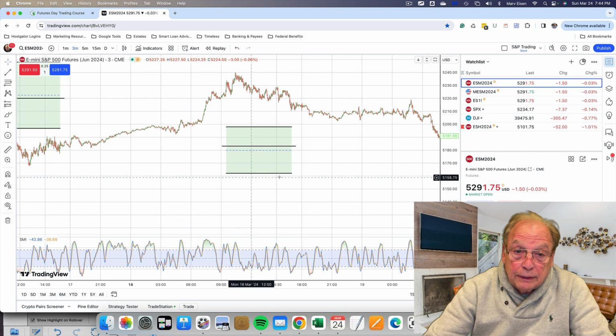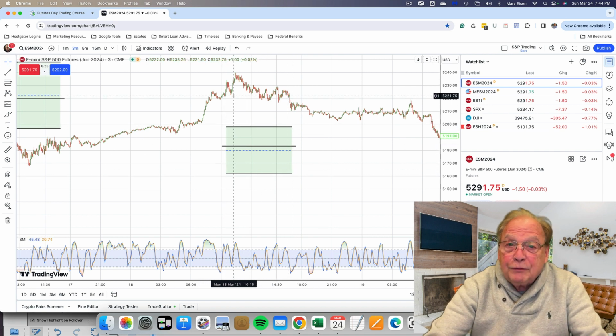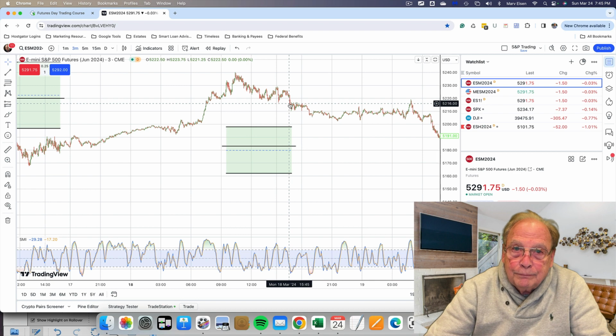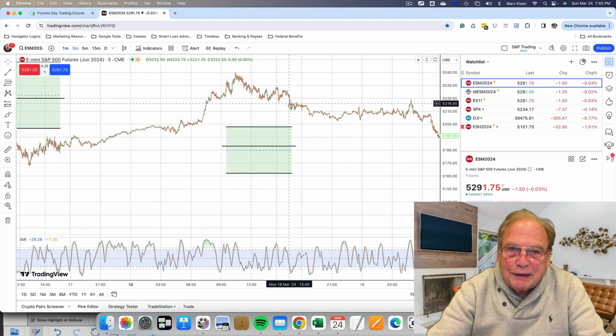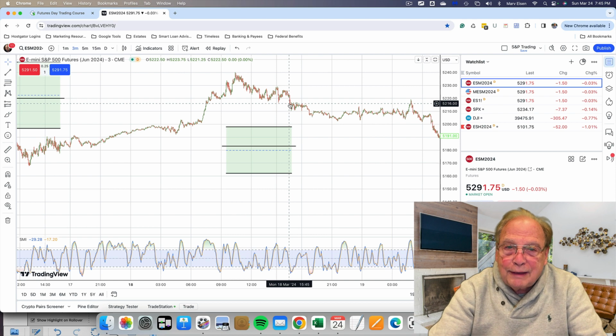The Taylor calculated trading zone was well below. So if you're going to use the Taylor numbers to help you trade and the market doesn't trade within the Taylor numbers, then don't trade the Taylor numbers, okay? The Taylor numbers are going to give you a range for the day. And if the price is not going to trade within the range and you want to use the Taylor numbers to help you trade more accurately, then don't use the Taylor numbers that day.